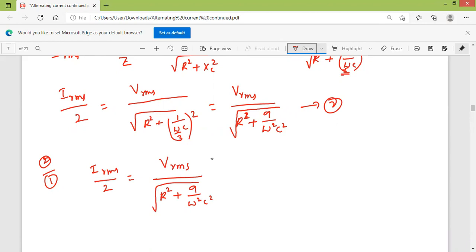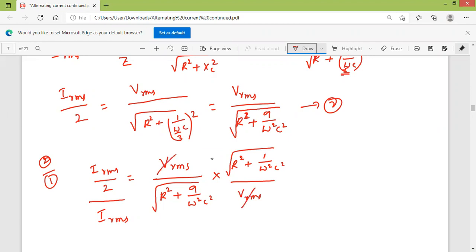Next, divided by IRMS. It becomes, in the numerator, R square plus 1 by omega square C square, divided by VRMS.